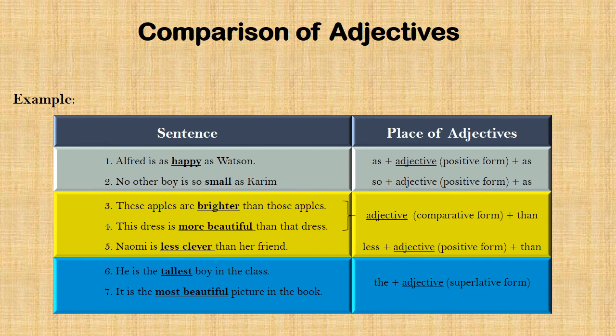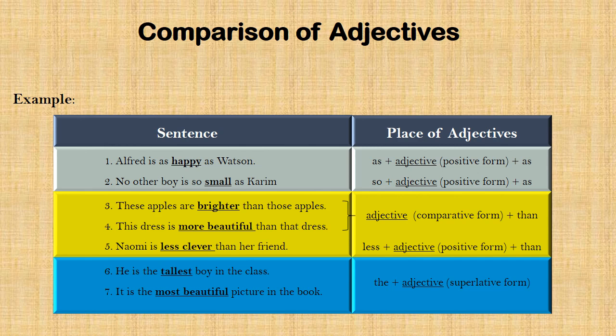In the sentences, the comparative forms of adjectives have been used before the word than. The words brighter and more beautiful are the comparative forms. You can easily understand it if you look at the structure given beside the sentences.